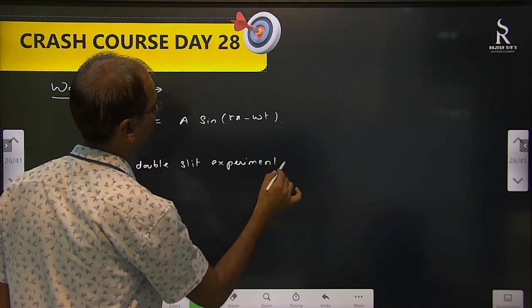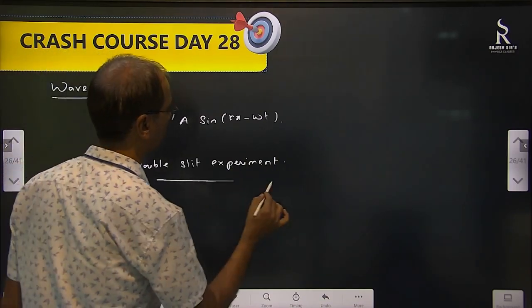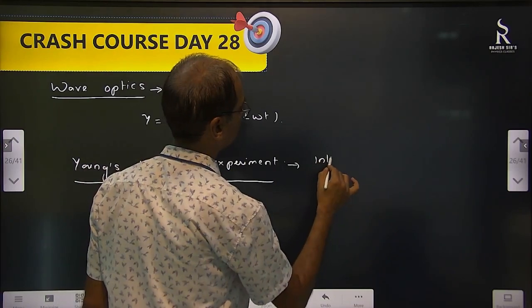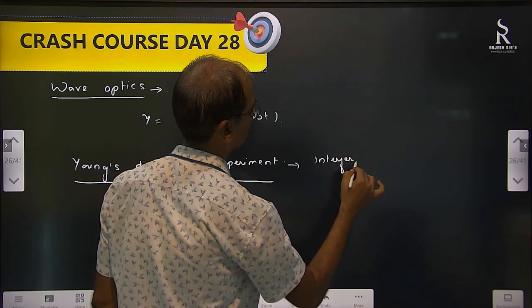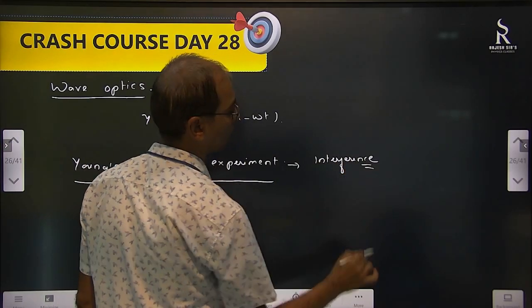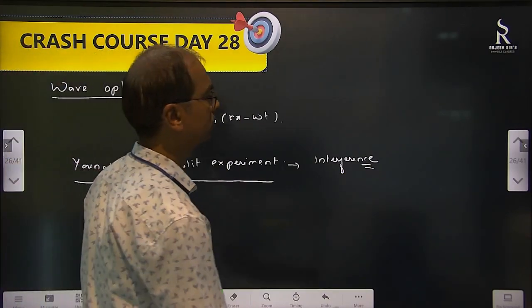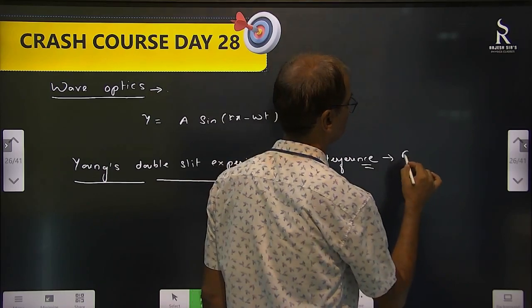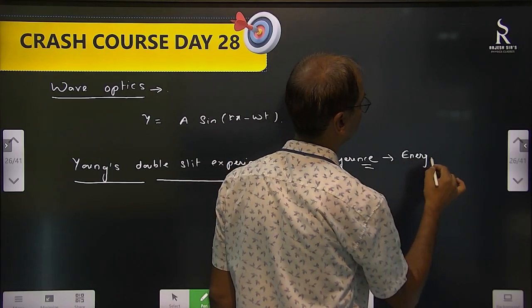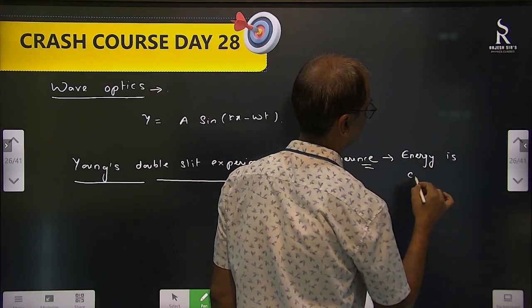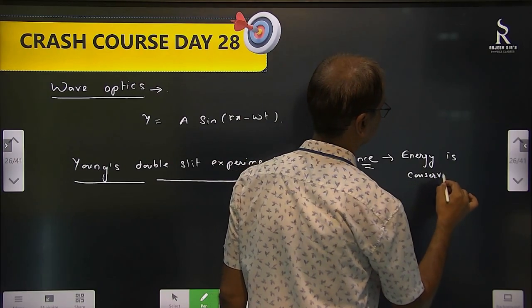Okay, in Young's double slit experiment, what is happening? Interference is happening. Okay, and interference is a process in which energy is conserved. Only redistribution of energy takes place. What redistribution?